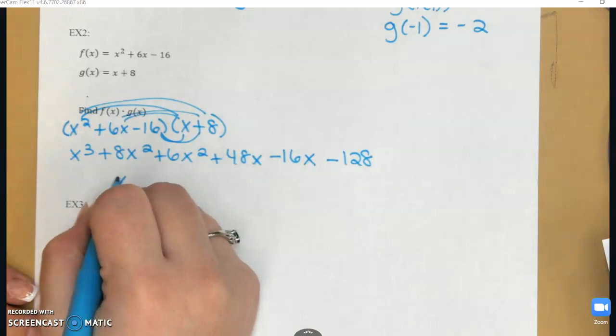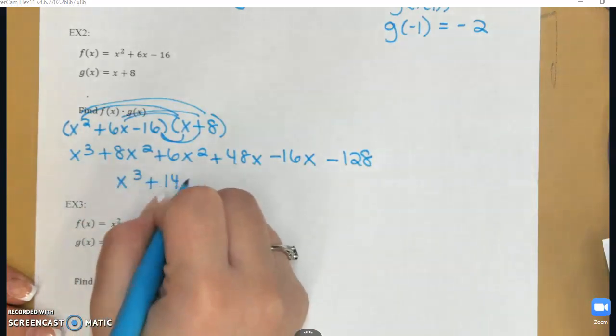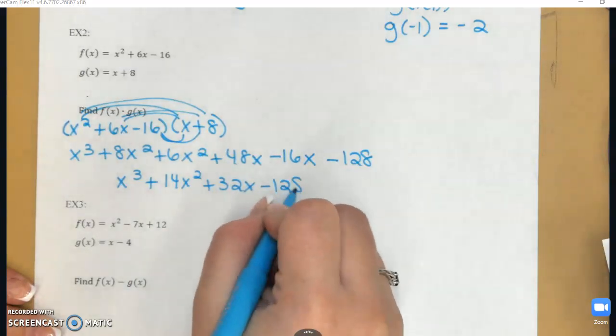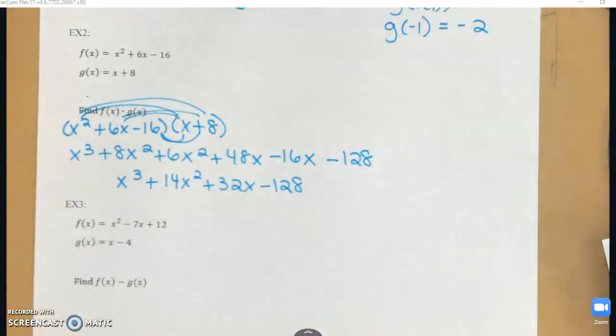And then the last thing I'm going to do is combine my like terms. And that is all I have to do.